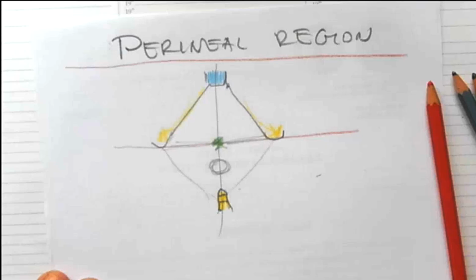Then the anus with the sphincter, anus and external sphincter. Then here is the urethra, and in the female the orifice of the vagina.